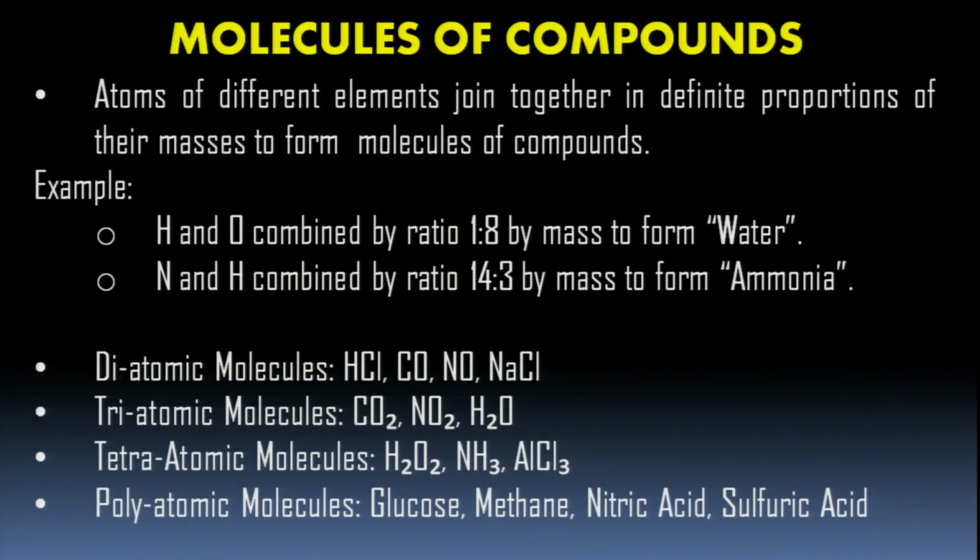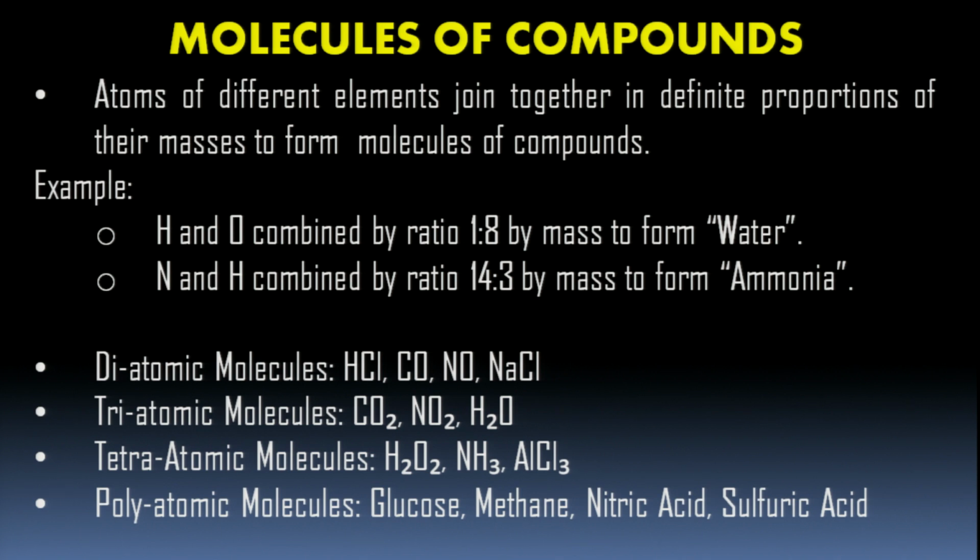Diatomic molecules. Di means 2. HCl: 1 atom of H and 1 atom of Cl form hydrogen chloride, and they are diatomic. Similarly, carbon monoxide, nitrogen oxide, then comes sodium chloride: 1 atom of sodium and 1 atom of chlorine.